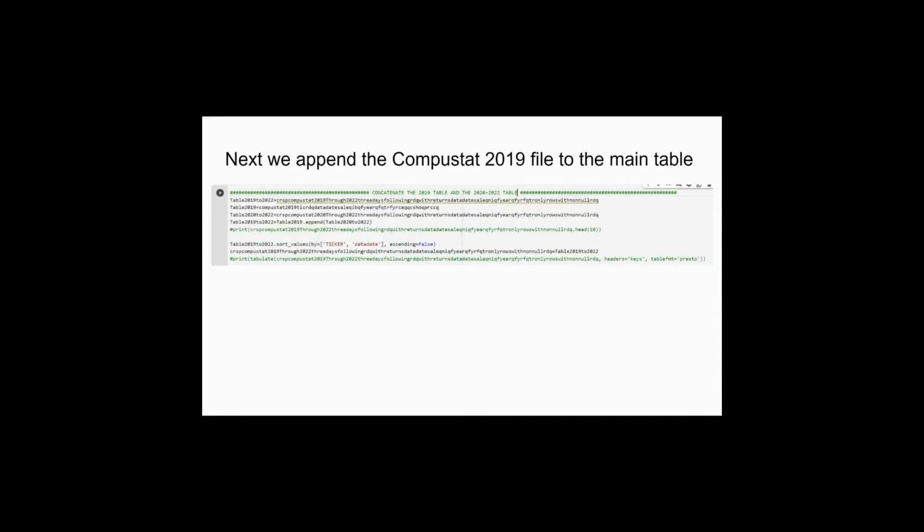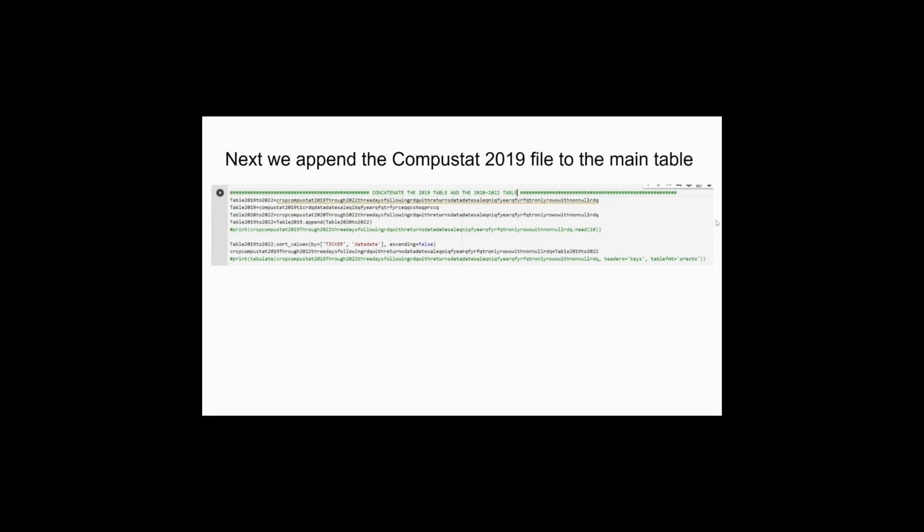So sure enough, next we append the CompuStat 2019 data to the main table, and the main table is our 2020 to 2022 data. As you can see, it's just table 2019 dot append table 2020 to 2022. To make it easy to understand, I renamed our 2019 data to table 2019, and I renamed our data set from 2020 to 2022 to table 2020 to 2022.